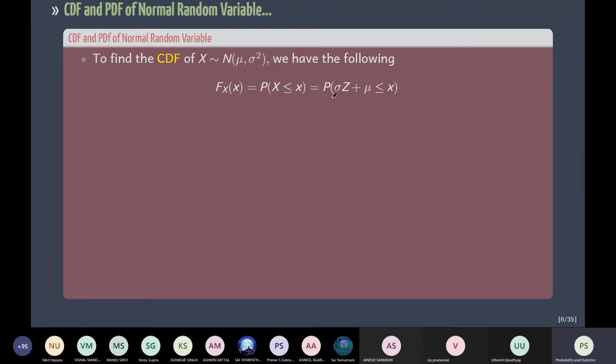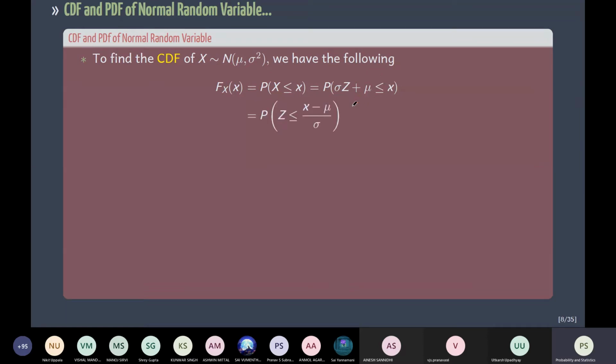So this is equal to, now in place of X, I can write like this. If X is a normal, then it can be seen like this. I can write this using standard normal by shifting it by mu and scaling it by sigma. So X is equal to sigma Z plus mu is less than or equal to x.